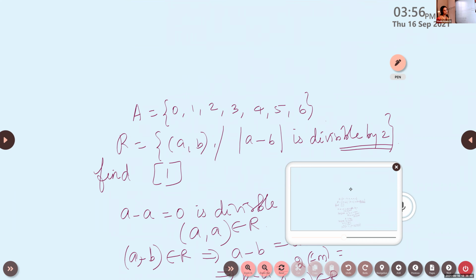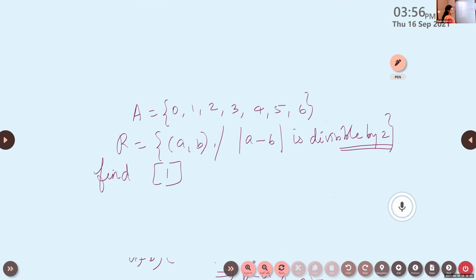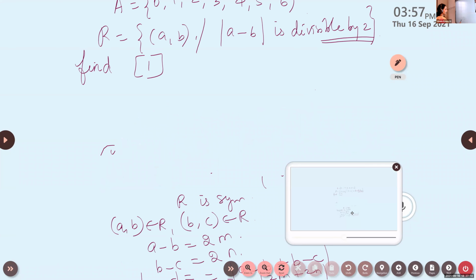Equivalence class 1. What is meant by equivalence class 1? Yes, odd numbers. Equivalence class 1 means, when you divide by 2, the remainder must be 1.